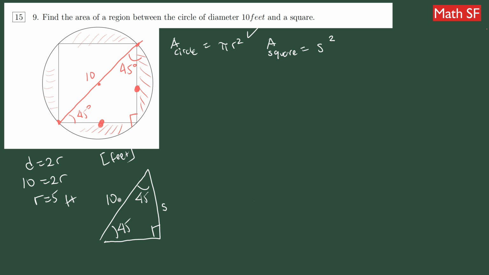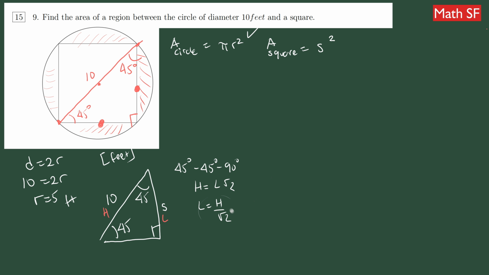Now, because this is a 45, 45 right triangle, recall that this is your hypotenuse and this is your L. In a 45, 45, 90 right triangle, we know that the hypotenuse is equal to L root 2, or you could say that L is equal to H over root 2.